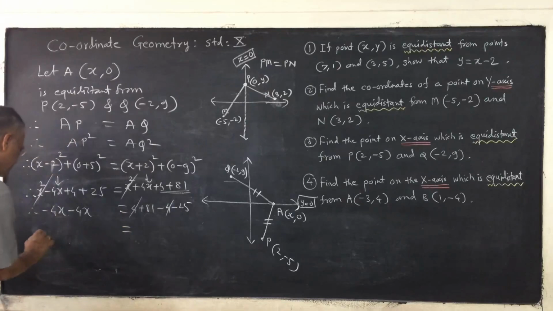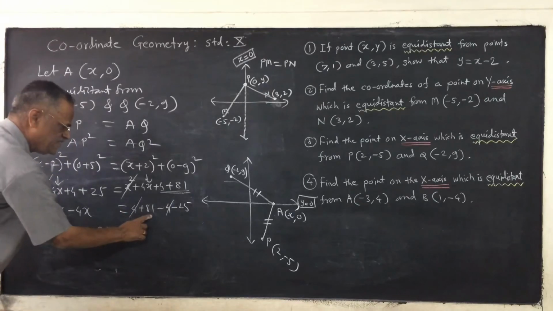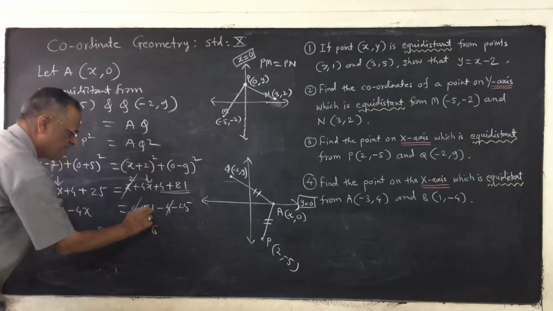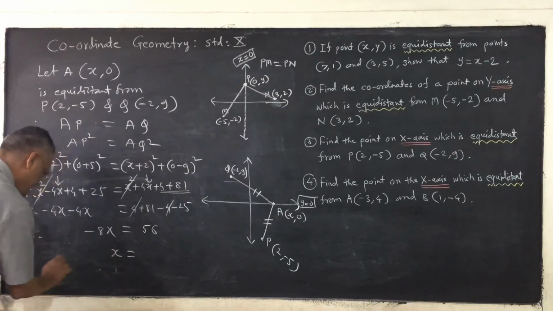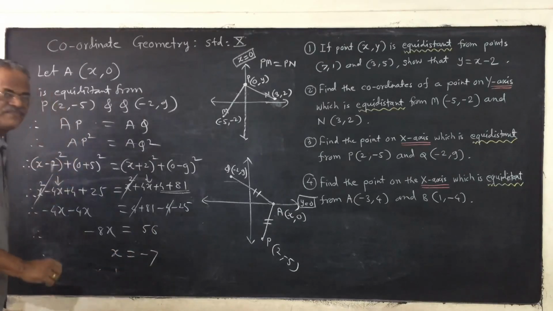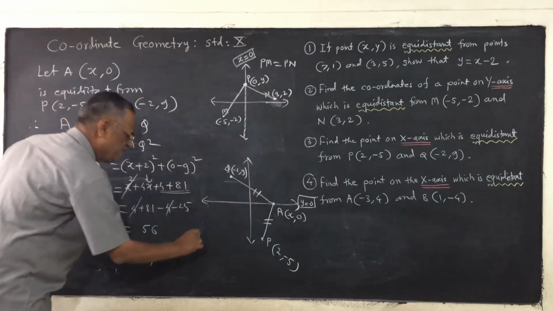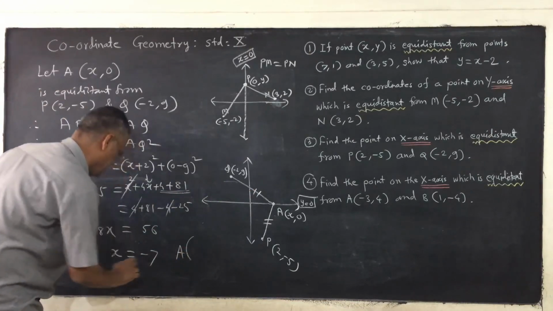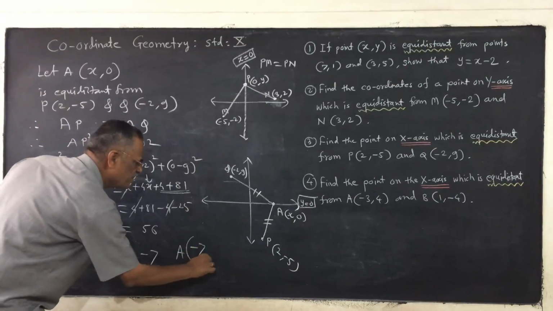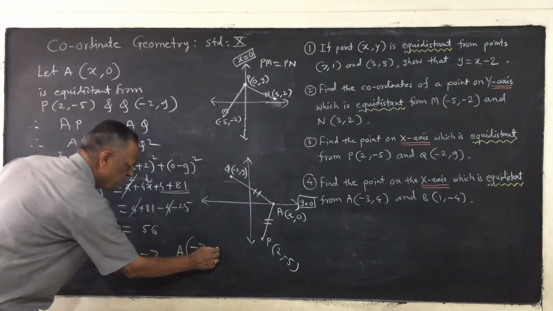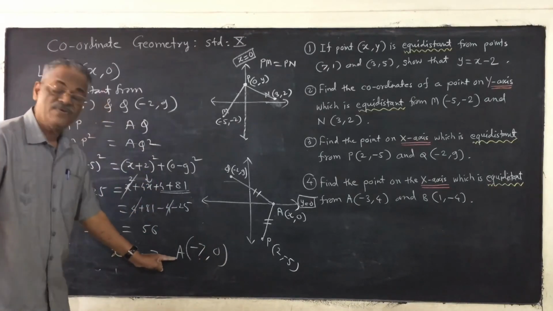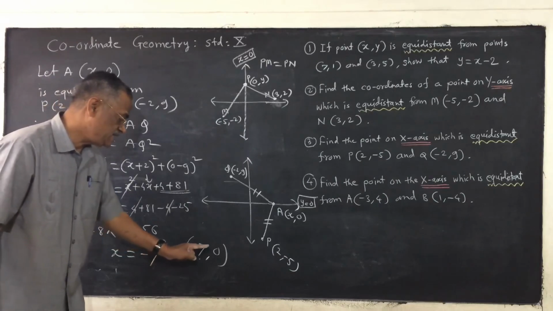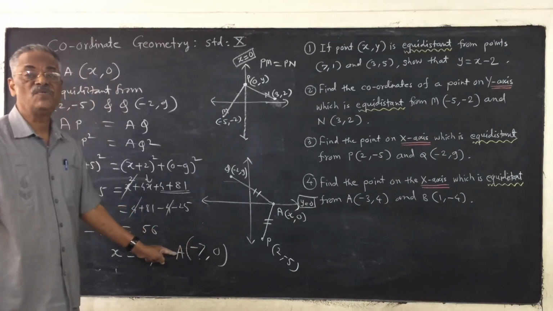So take the difference, this is negative 8x, and you can see that x is equal to negative 7. And what are the coordinates of that point which is on the x-axis? x is negative 7 and y is 0. So your answer is minus 7, 0. These are the coordinates of point A.